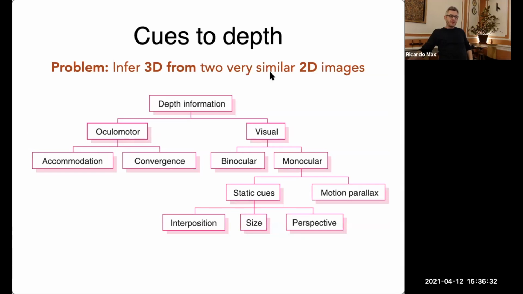So the main problem is how to infer three-dimensional space from only two very, very similar two-dimensional images. So we have a lot of convergent cues, convergent processes that we bunch together. They are redundant. Many of them are independent from each other, and sometimes they are even conflictual. We'll see some examples.